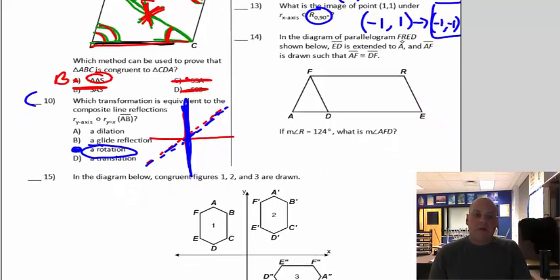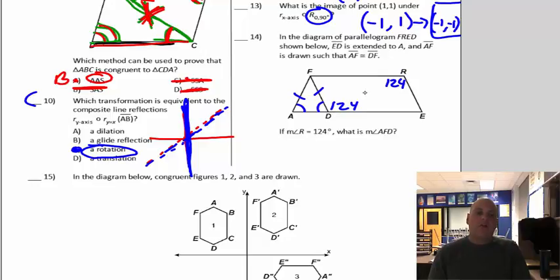In the diagram, a parallelogram FRED is shown below, ED is extended to A, AF is drawn such that AF is congruent to DF. Okay, if AF is congruent to DF, then I know angle A is congruent to angle D. So those are congruent. Angle R is 124. Okay, if this is 124, this must be 124.